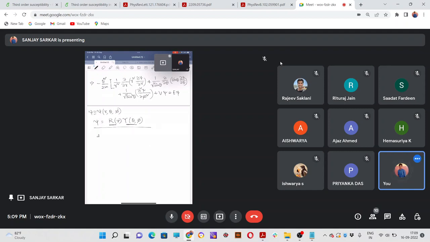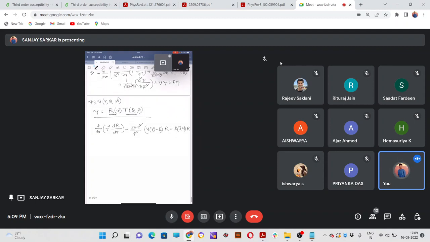I will directly write down the equation for the radial part, and this is given by this equation.